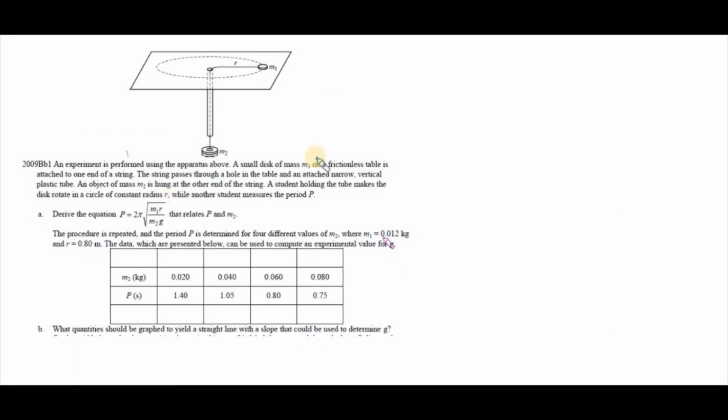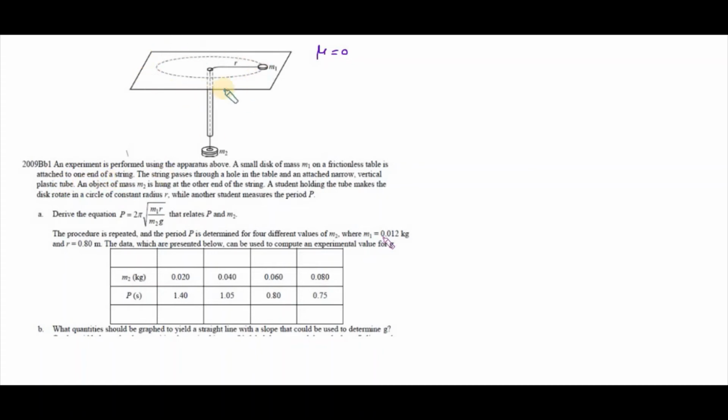Okay, so in this question the information we have: a small disk of mass m1 on a frictionless table. First of all, the horizontal table is given as frictionless, that means mu equals 0. There will be no frictional force exerted on the particle. Now it's attached to one end of a string.